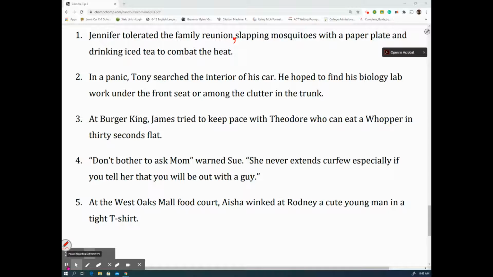So Jennifer tolerated the family reunion and then slapped the mosquitoes with a paper plate, drinking iced tea to combat the heat. This describes Jennifer. We have some information between the, again, participial phrase, and the person that's being described here. So we need a comma there.